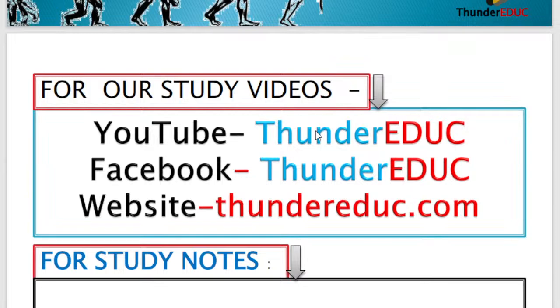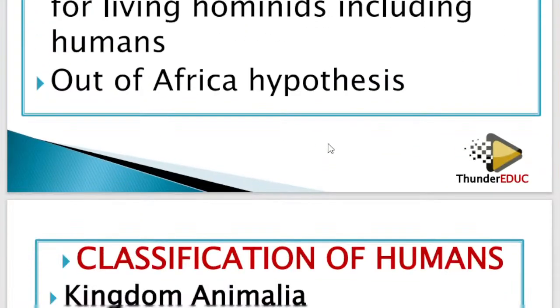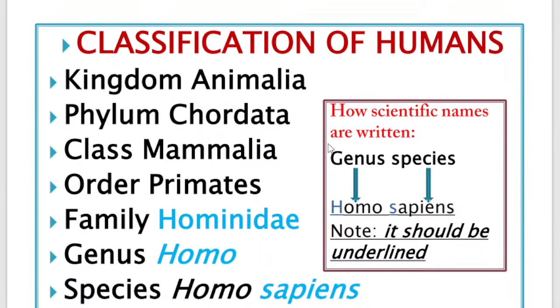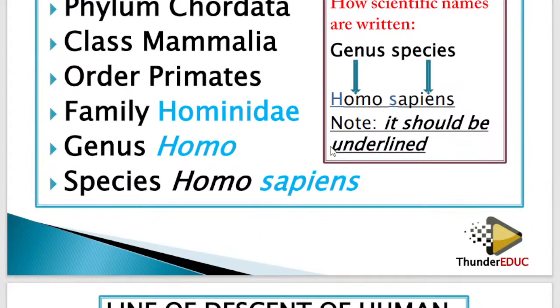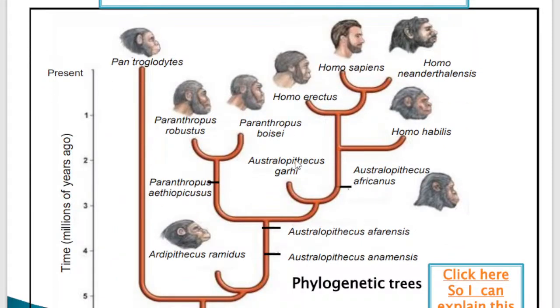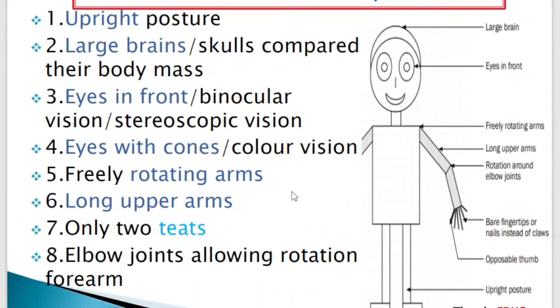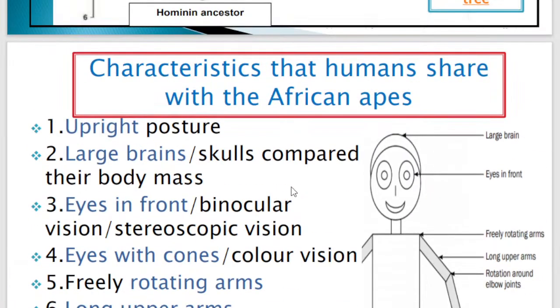But what are you supposed to talk about when you reach this evolution? I've talked about these topics: classification. Don't go to the paper without knowing those things which you see in a different color. I've emphasized that. I've talked about the line of descent, that is the phylogenetic tree. We'll talk about it when you're trying to see different questions. I'm not going to take too much time when explaining this.